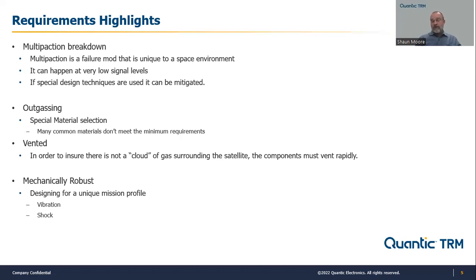Signal levels as low as about 30 volts can cause a multipaction failure, and it could be devastating to the operation of a satellite. There are ways to mitigate this, and there are things that we do here at Quantic TRM to make sure that this failure mode does not happen.